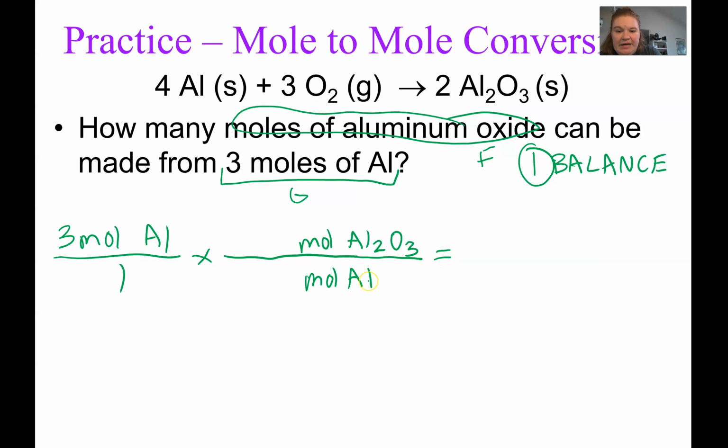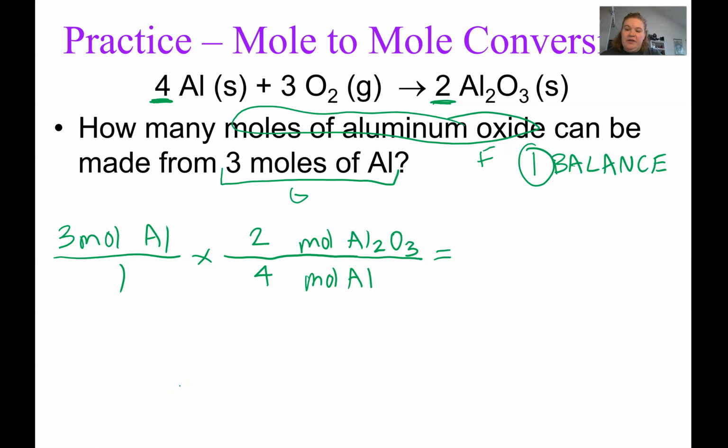And then I can fill in my numbers. I know that from my balanced chemical equation, 4 moles of aluminum can create 2 moles of aluminum oxide. And yes, that ratio could be reduced down from 2 to 4 to 1 to 2. It's going to give you the same numerical answer, so you can leave it the way it is or reduce it. It doesn't matter.